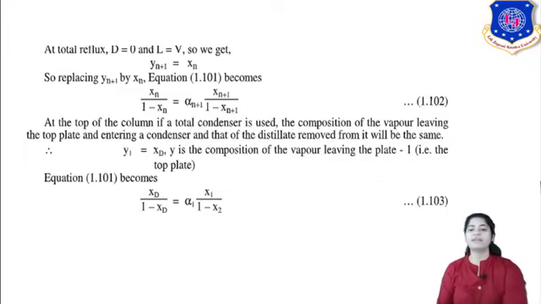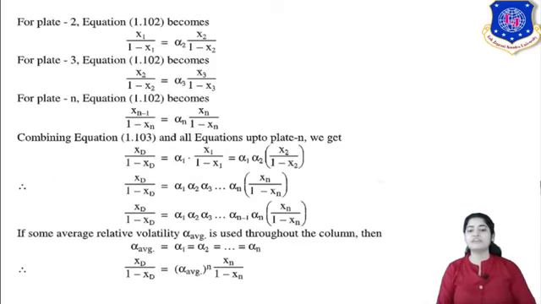Here we saw that yn plus 1 is equal to xn, so y1 is equal to xD. Hence you write it as xD because it is going from the top plate, plate number 1, from which you take out the vapors and send them to the condenser. Similarly for plate 2, x1 upon 1 minus x1 is equal to alpha 2 x2 upon 1 minus x2. You are doing that for all the plates.